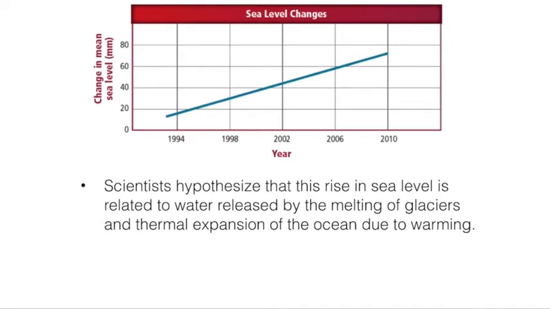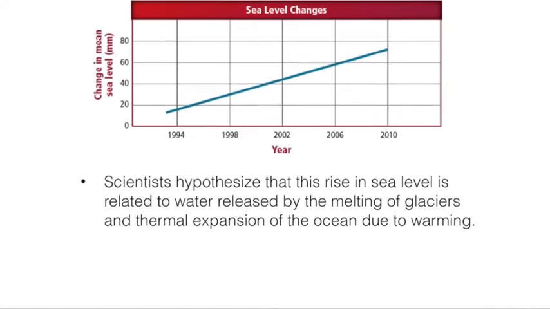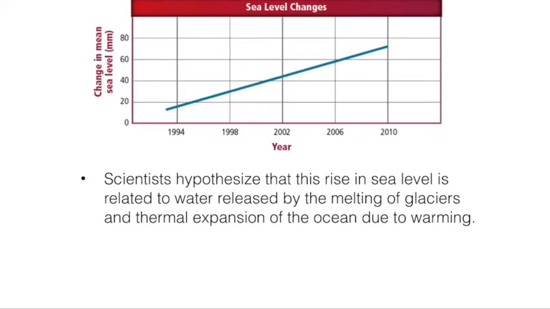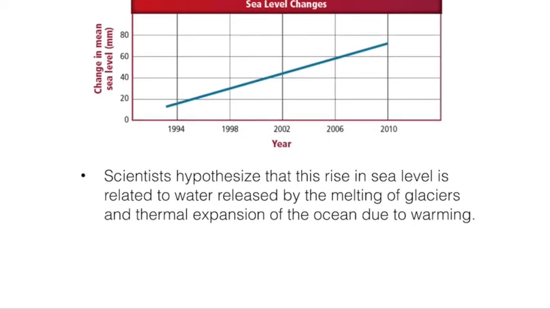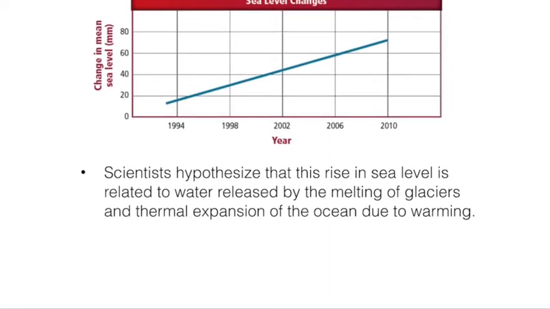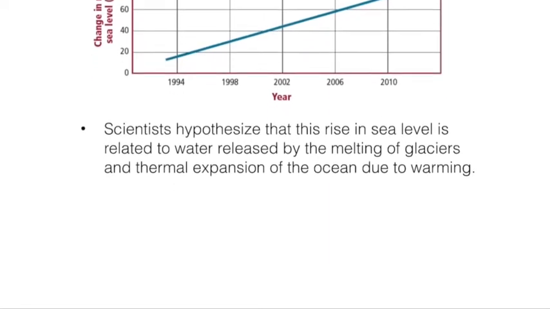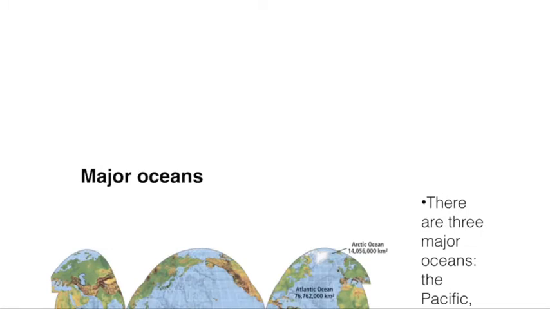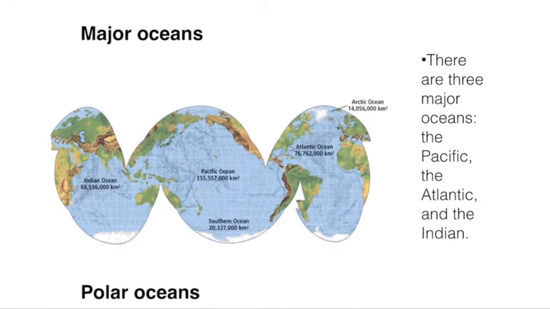If you've got frozen water that's melting, that water has to go somewhere. It's going to go into the low areas, which are these reservoirs for seawater, and that would increase the seawater level.